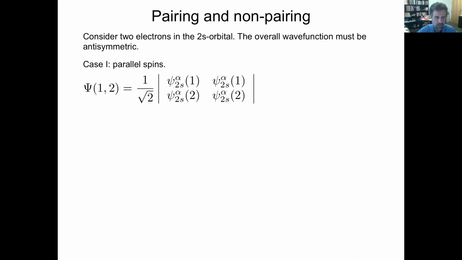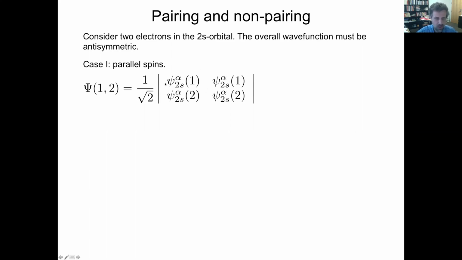Okay, so the first possible way in which I can do that, if I have two electrons and I want to stuff them both in the 2s orbital, is if the two electrons have the same spin state. Let's say alpha or beta, doesn't matter, but they are the same. Okay, so I'll choose alpha for the sake of the argument, because the result for beta is going to be exactly the same. So what do I have for my Slater determinant if I do that?